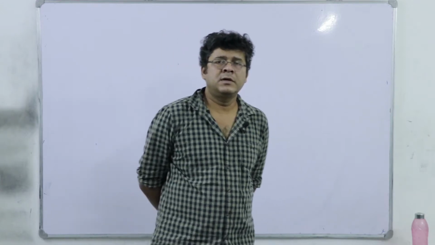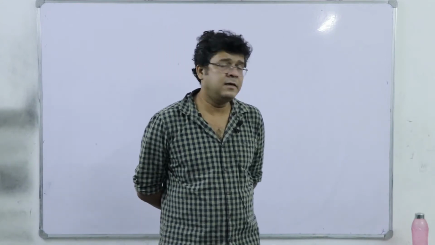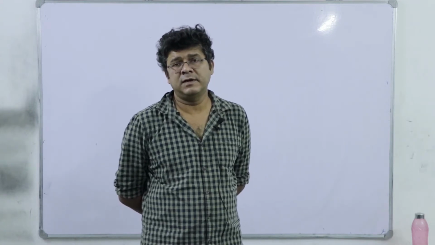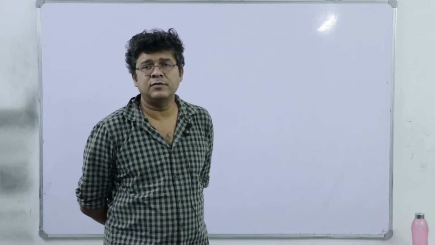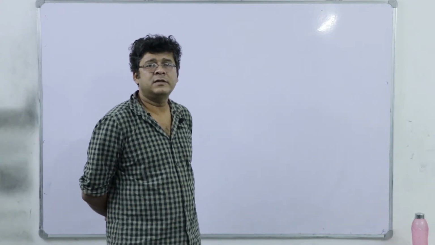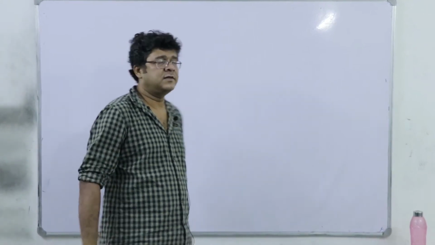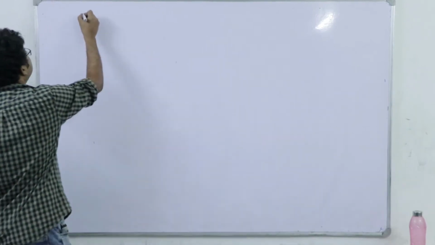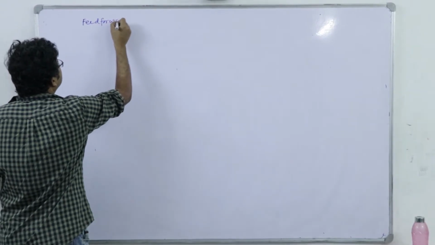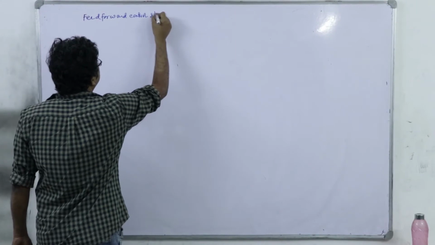So, in order to improve the speed of this control action, we go for introducing a new strategy called the feed forward control strategy, right. So, it is the feed forward control strategy.